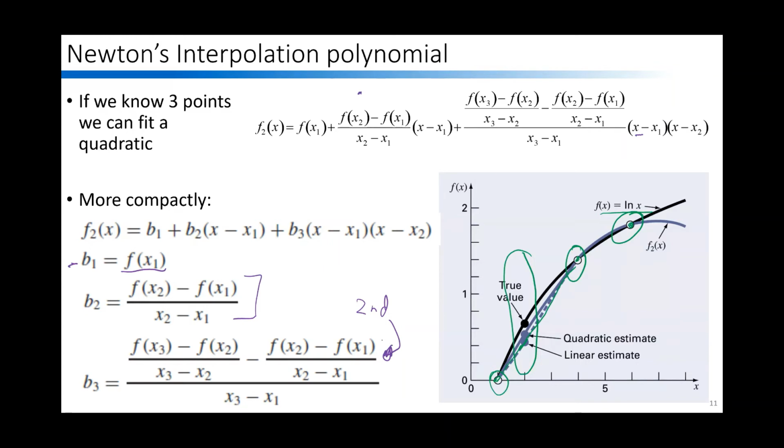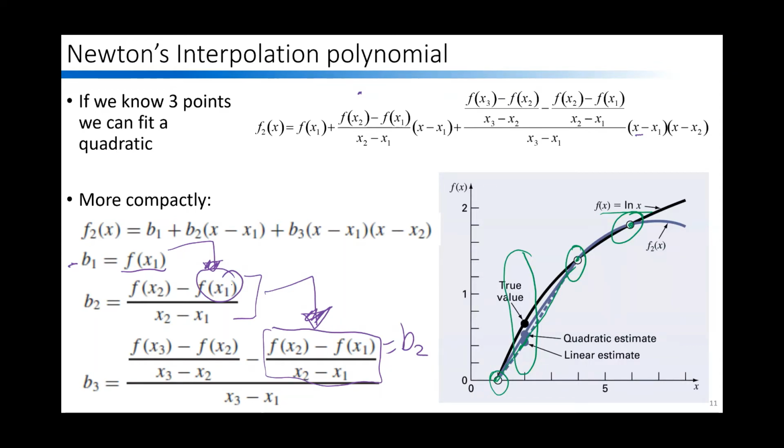You'll also notice that b2 is represented in b3. This second term right here is b2. Both of them have f of x2 minus f of x1 over x2 minus x1. So this term is b2. We can notice the same thing up here in b2: that second term is equal to b1. So we're going to see this cascading effect.